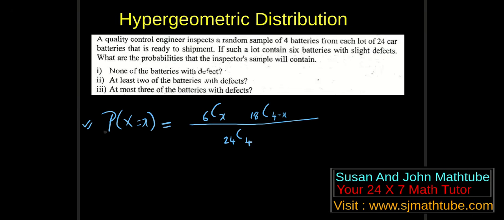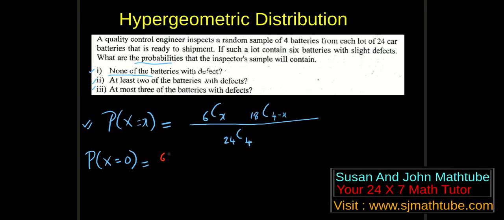If you have completed up to this, it means you almost completed the problem. Even though we didn't start part 1, part 2, part 3, it's kind of like saying we have completed 90% of our work. Okay, so the first part, what is the probability that none of the batteries will be defective? So that means we want probability of x is equal to 0. Okay, go ahead, substitute.